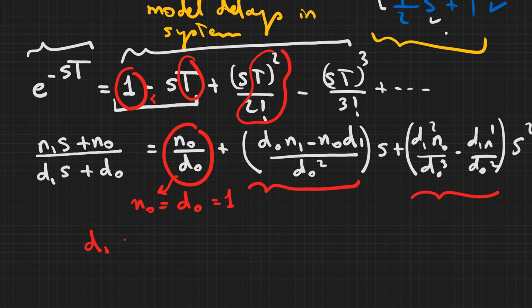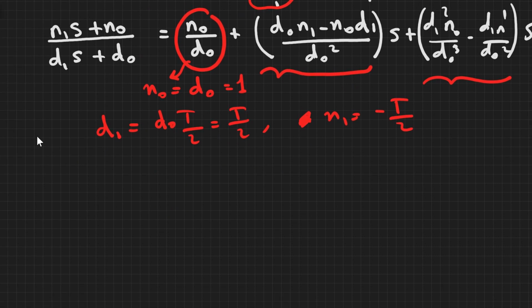What you will find is that d1 will be equal to d0 times t over 2, which is basically t over 2, and n1 will be equal to minus t over 2.